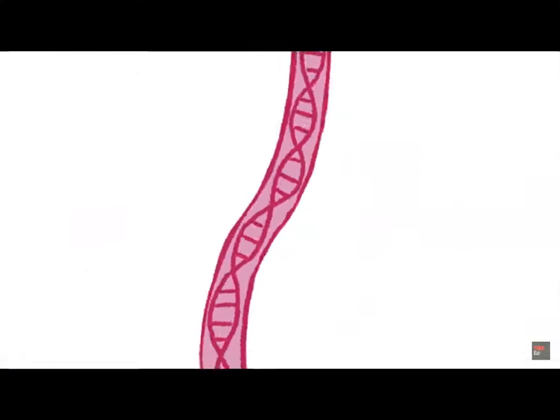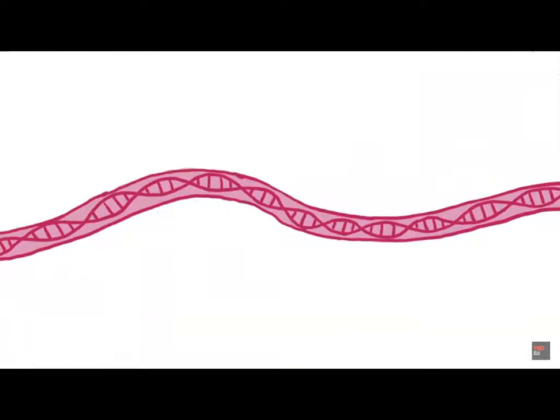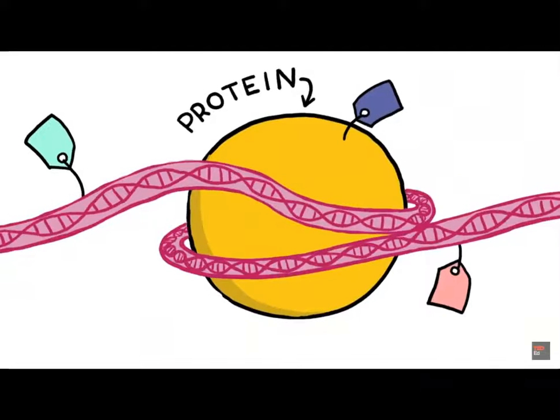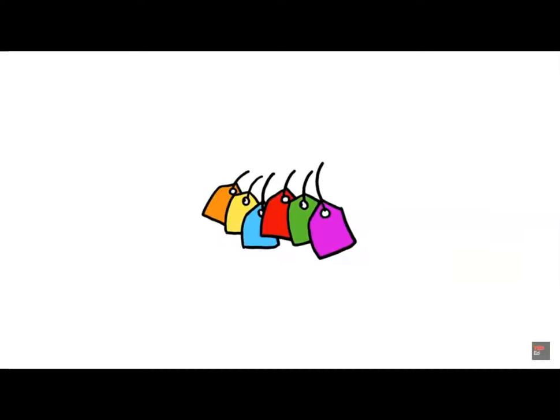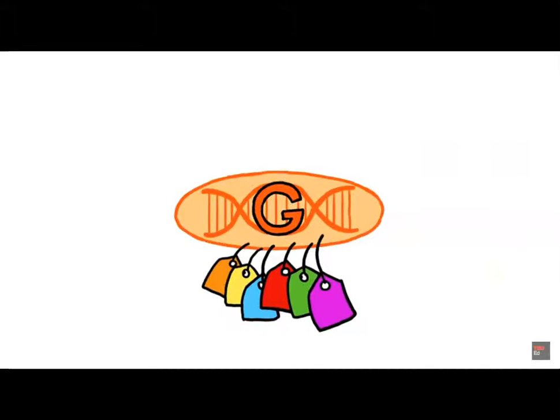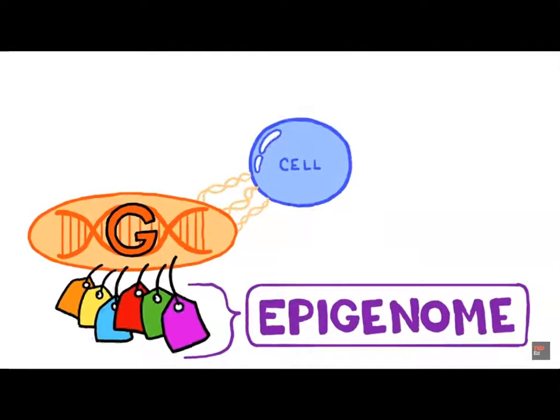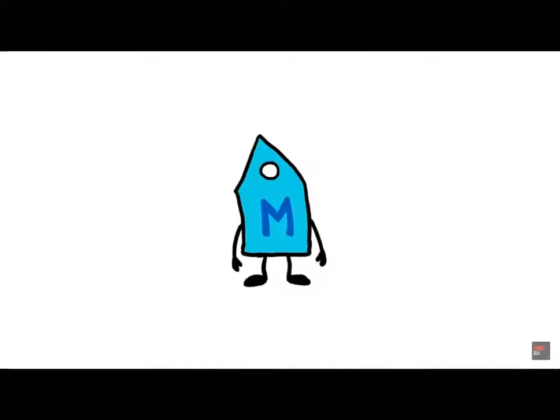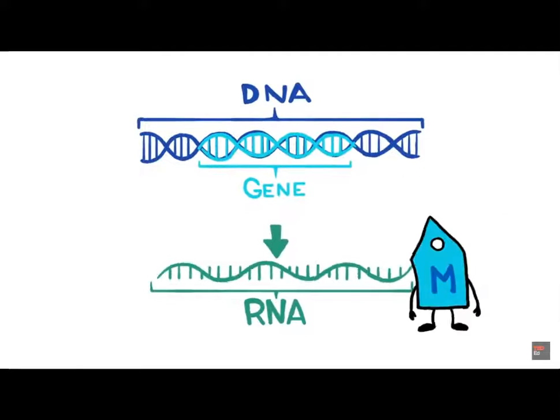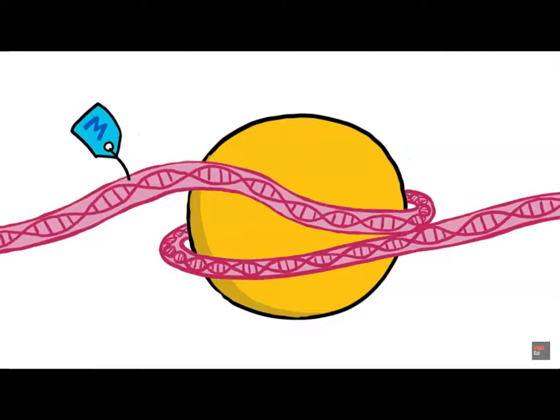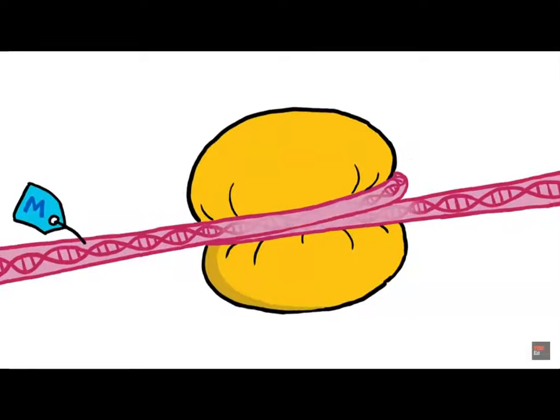The most common way interference happens is that DNA, or the proteins it's wrapped around, gets labeled with small chemical tags. The set of all of the chemical tags that are attached to the genome of a given cell is called the epigenome. Some of these, like a methyl group, inhibit gene expression by derailing the cellular transcription machinery or causing the DNA to coil more tightly, making it inaccessible.